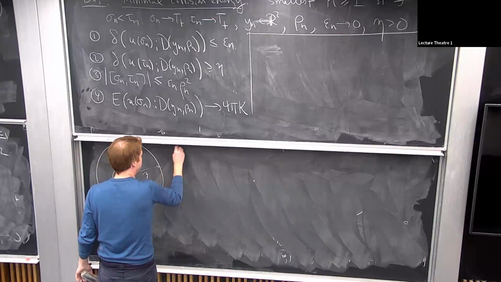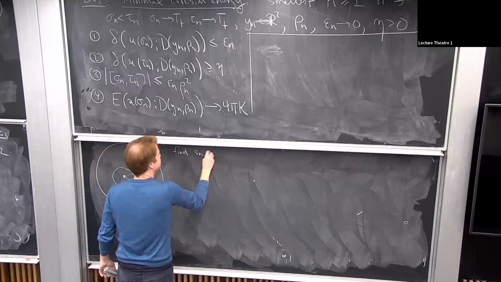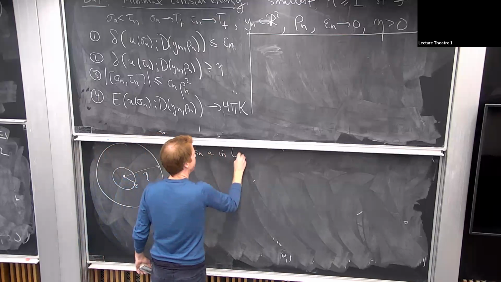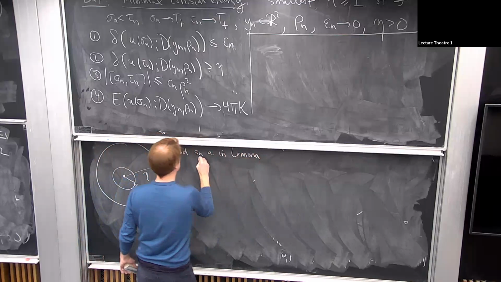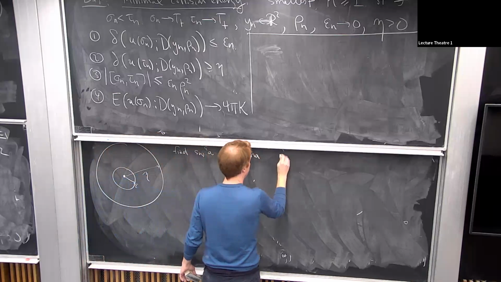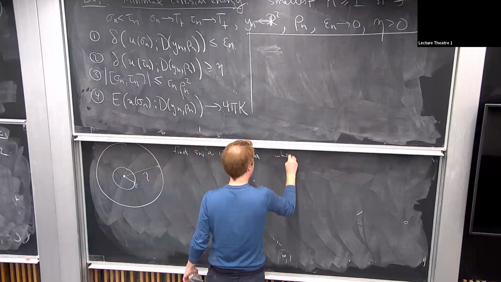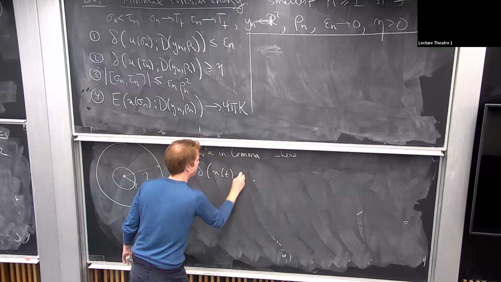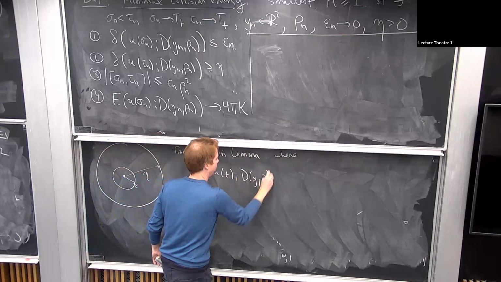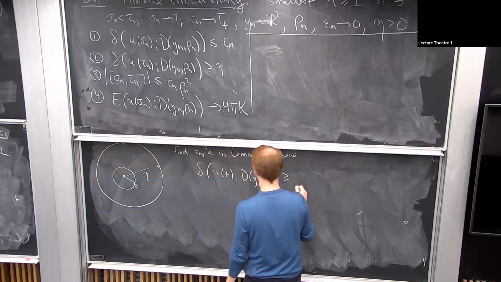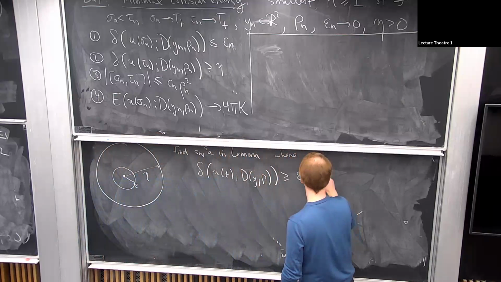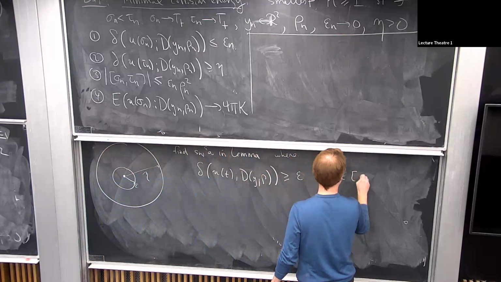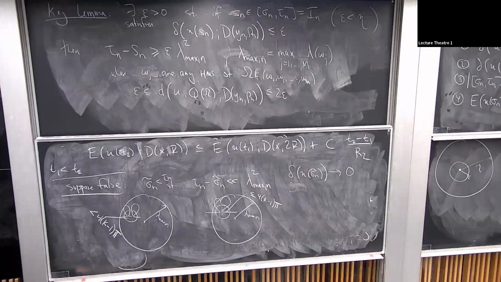So find S_n and tau_n as in the lemma, with epsilon, where now I can take my distance to be bigger than or equal to epsilon for every t in (S_n, tau_n).